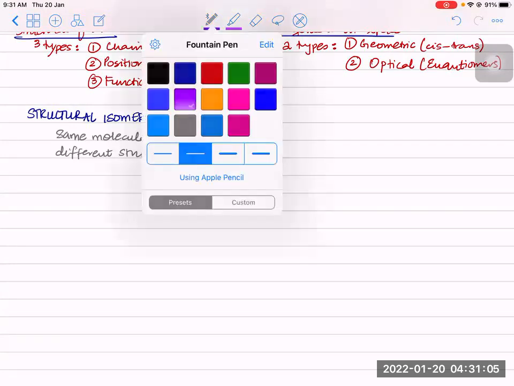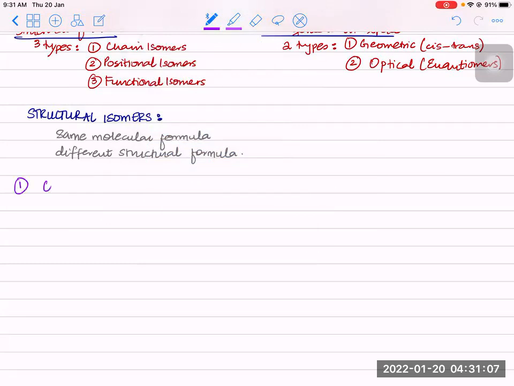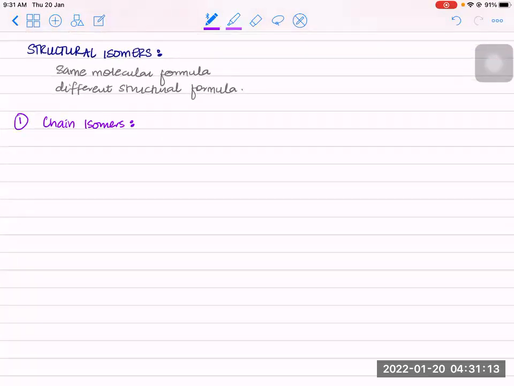Let's see the first type, the first example, which is chain isomers. Let's take a chain of 4 carbons. Right here we have a 4-carbon chain, that is butane.